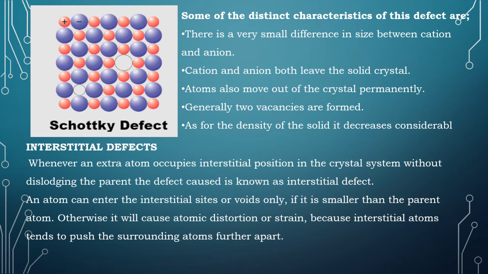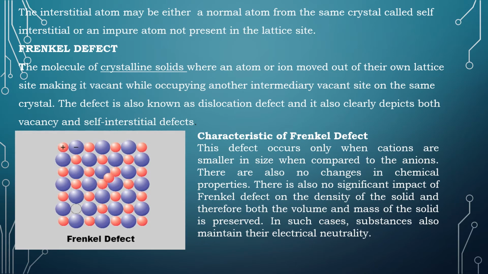Otherwise, it will cause atomic distortion or strain because the interstitial atom tends to push the surrounding atoms further apart. The interstitial atoms may be either a normal atom from the same crystal, called self-interstitial, or an impure atom not present in the lattice site.